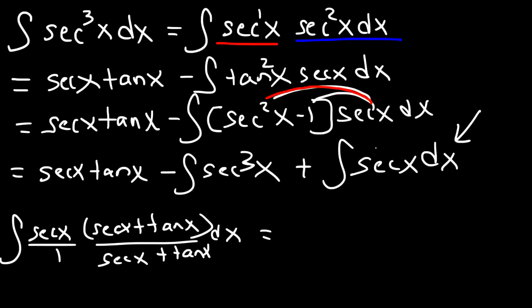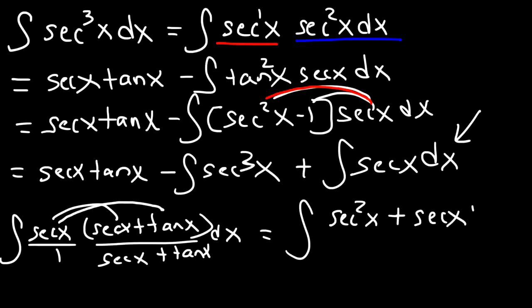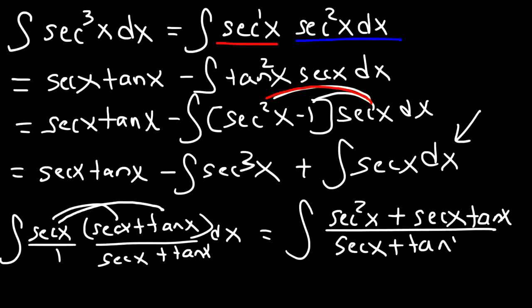If you do, you're going to get the integral of, if you distribute this, secant squared on top plus secant tangent x, and on the bottom just secant x plus tangent x dx.